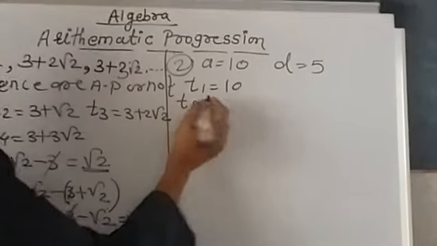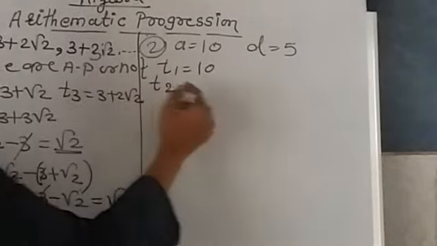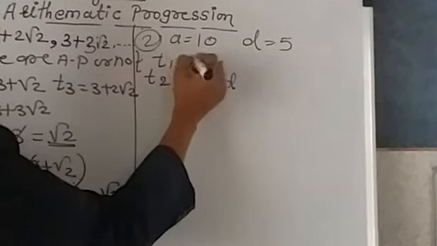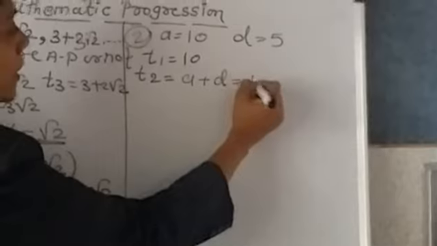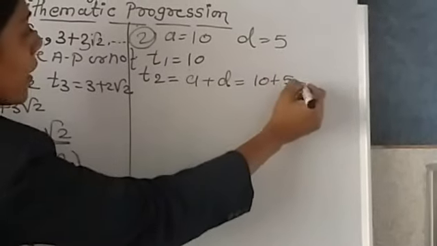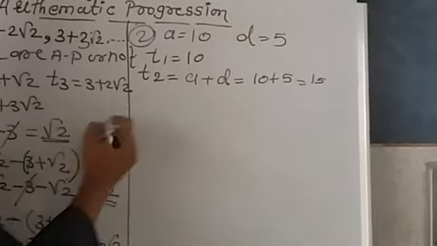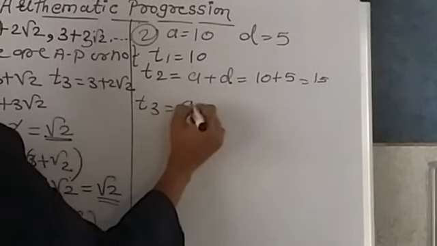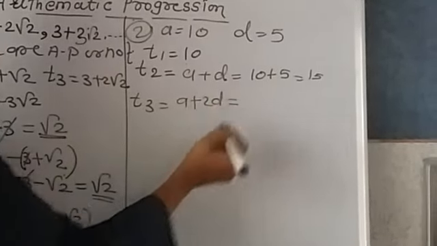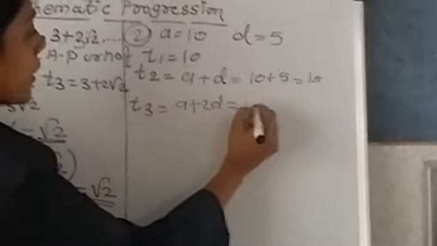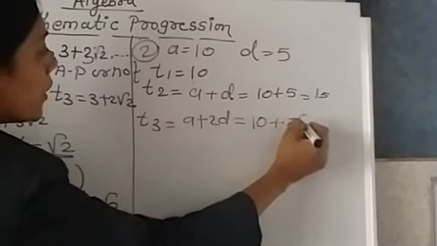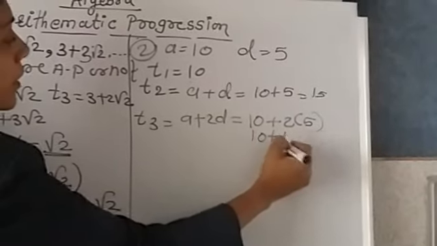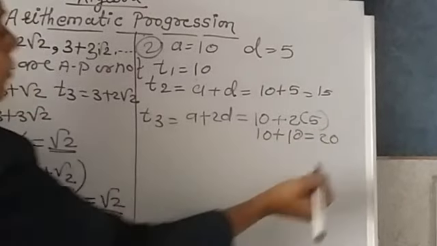Then how to find the T2 term? What is the formula? T2 is equal to a plus d, means T1 plus d. 10 plus 5 we get 15. Then T3 term. T3 is equal to a plus 2d. So a is 10 plus 2 into d, which is 5. So 10 plus 10 we get 20.